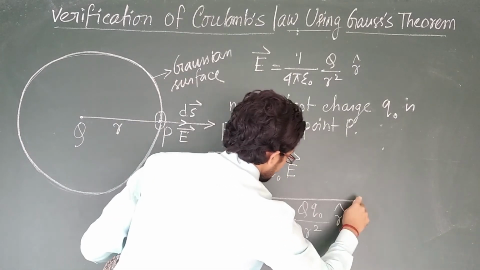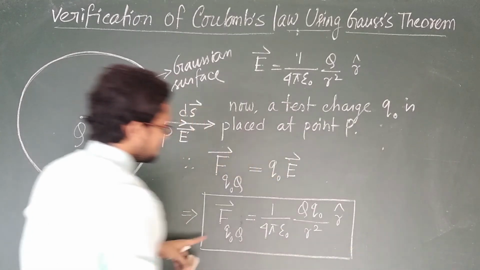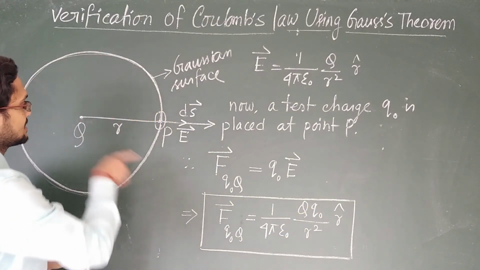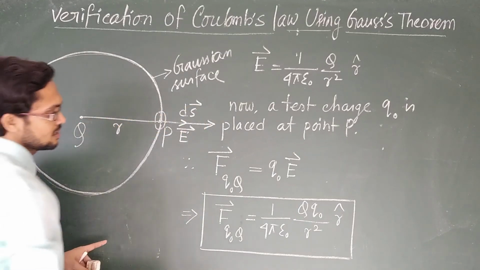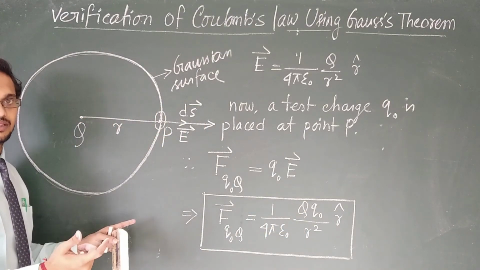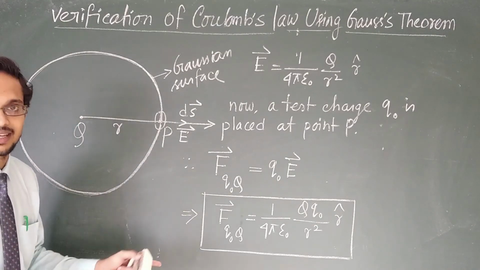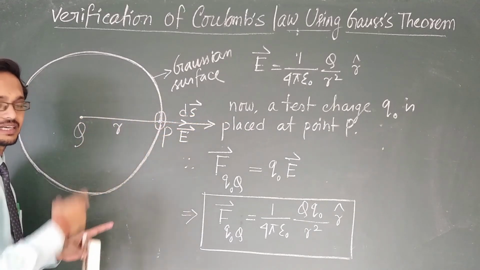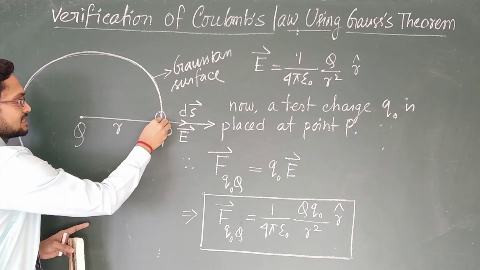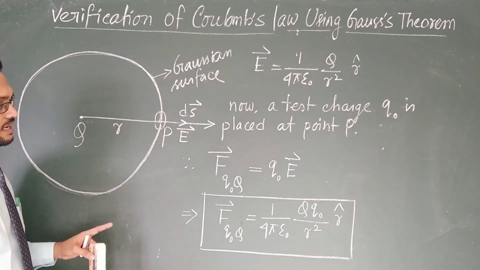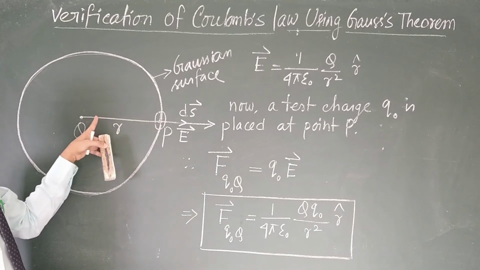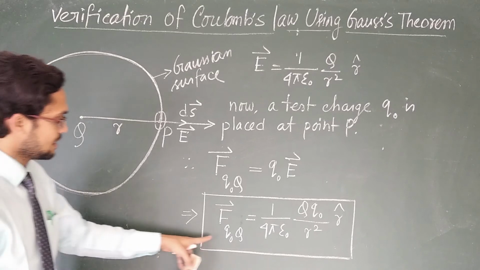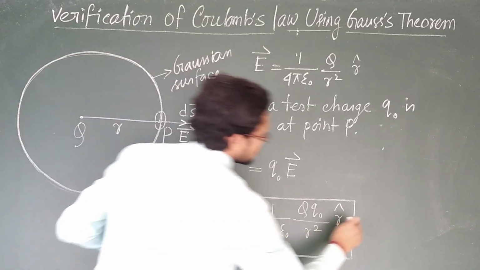This is basically the Coulomb force. It acts in the direction of r cap when both the charges are of the same sign, because they will repel each other. If we place a negative charge here, the force will act in the opposite direction, so it will be minus r cap.